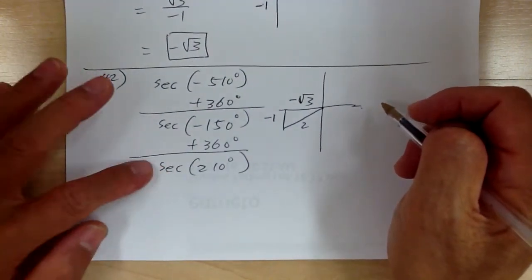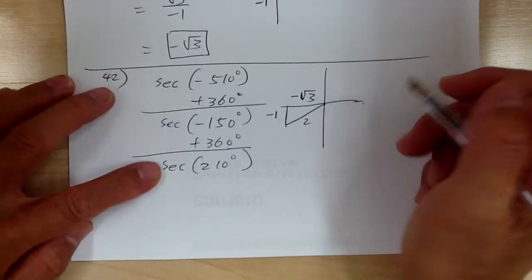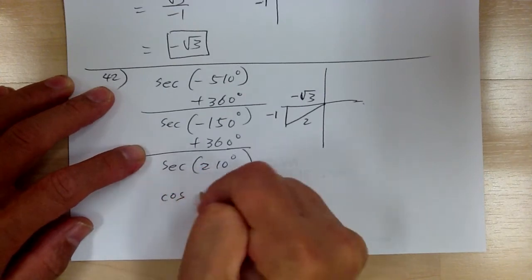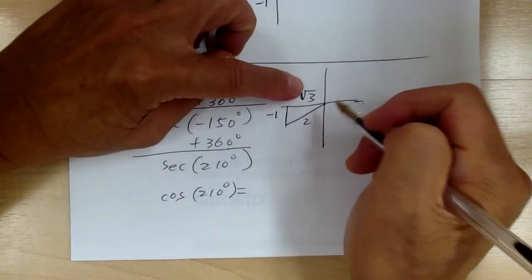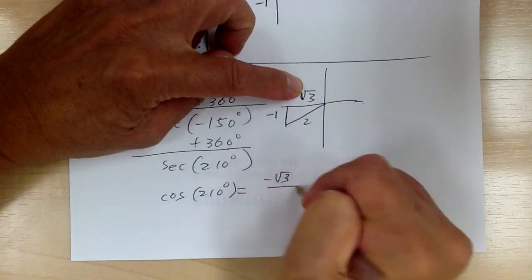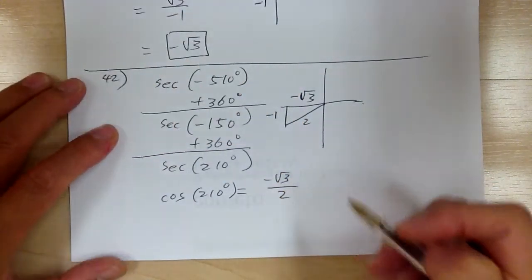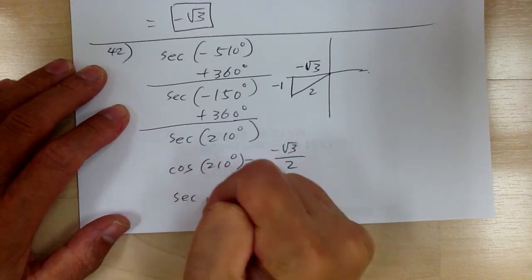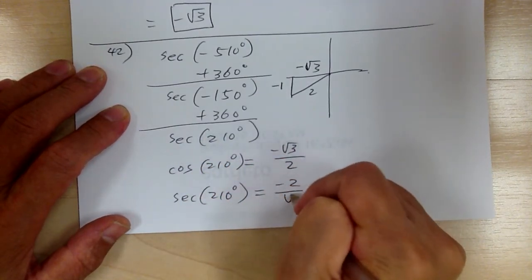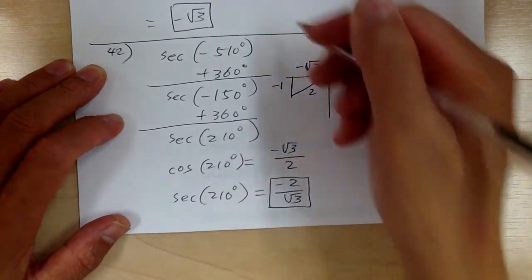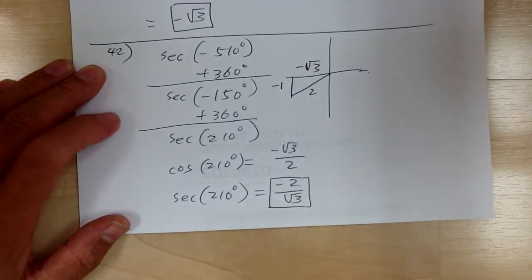Now secant, if you're not familiar with it, came from cosine. Cosine of 210 is the horizontal over the hypotenuse, and therefore secant of 210 is equal to negative 2 over square root of 3. Again, make sure you do it step by step. It helps you think through.